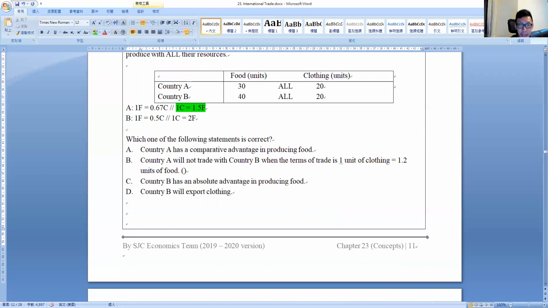They would get 1.2 food, but they need to give up 1.5 food. Therefore, they are actually losing 0.3 units of food in order to engage in trade. So no way, definitely won't trade. It's not within the range. So the answer would be B here.